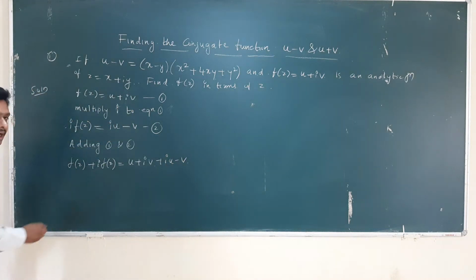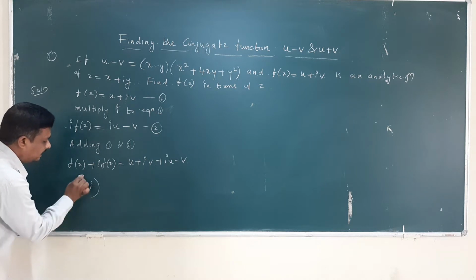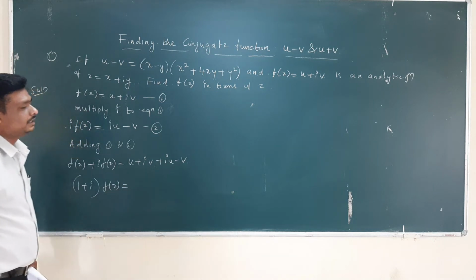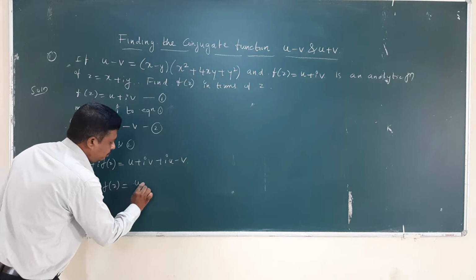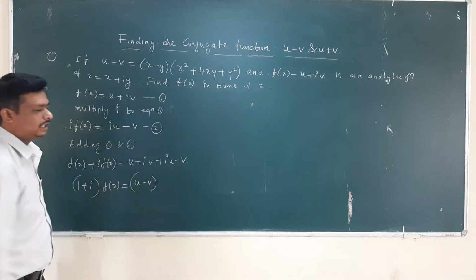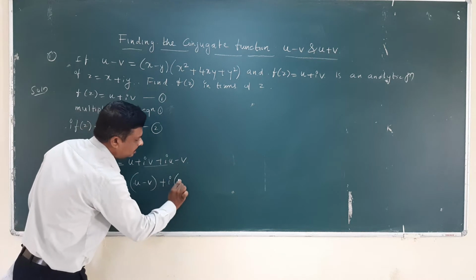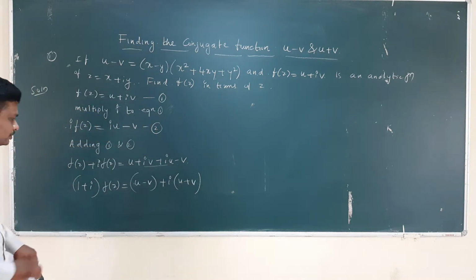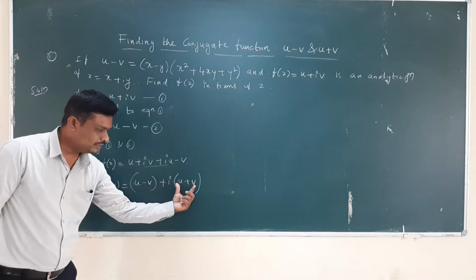So here f of z is common, remaining is (1 plus i) into f of z is equal to (u minus v). I will take one bracket, and here i is common. If I take i as common, so this one is u plus v.